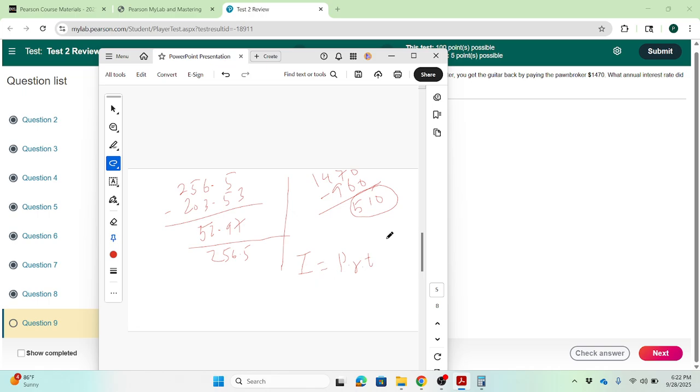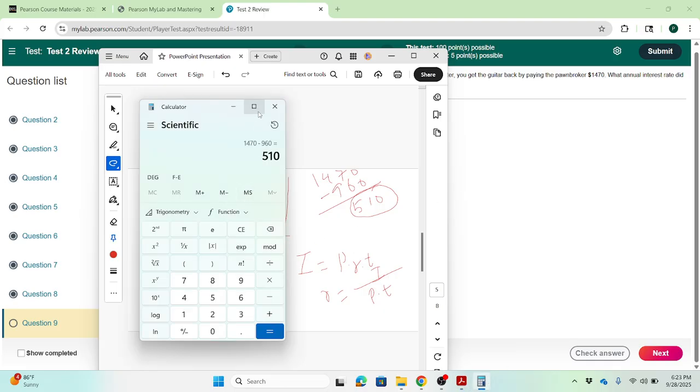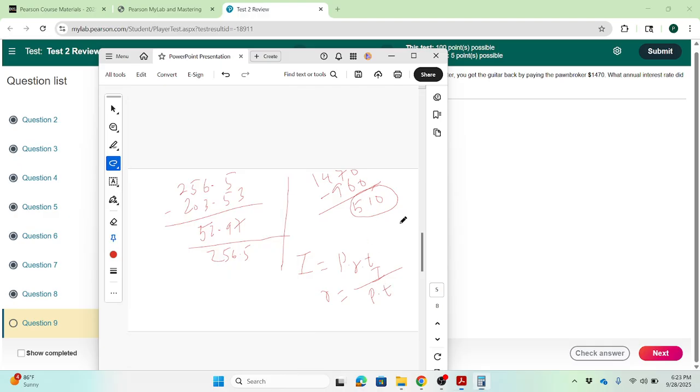So for finding the rate, you divide the interest by the principal times the time. So the interest is 510, divide that by the principal, which is 960, and then divide that by the time. Time is one month, which in years is 1/12. So divide by this number.